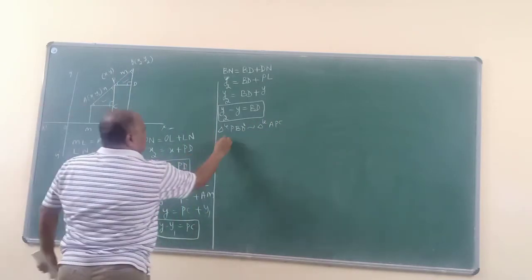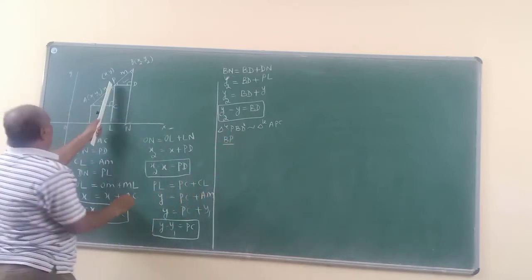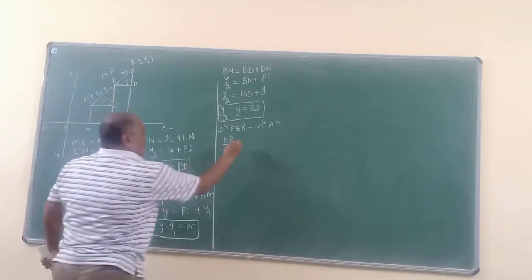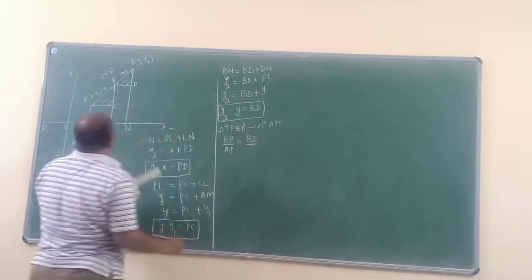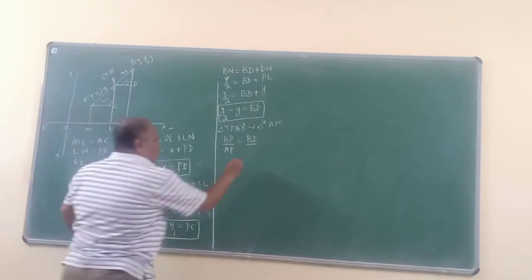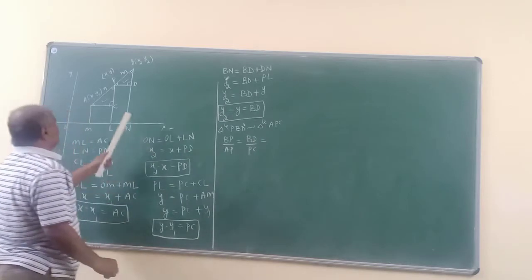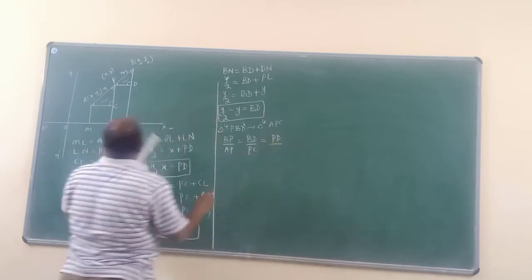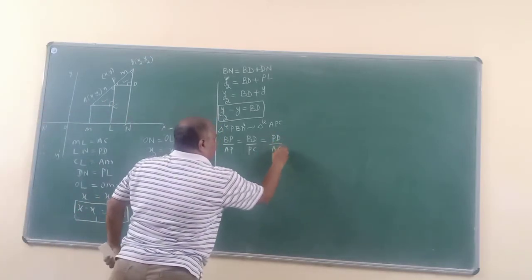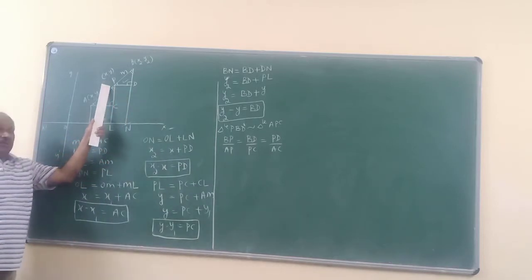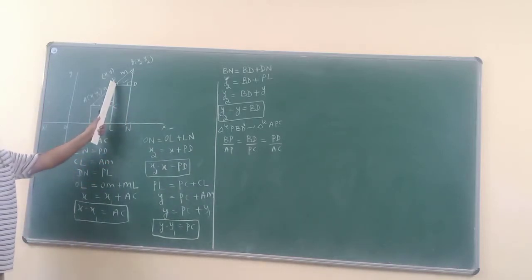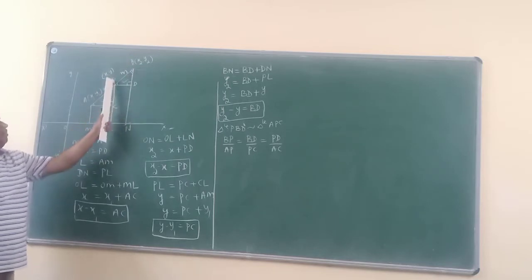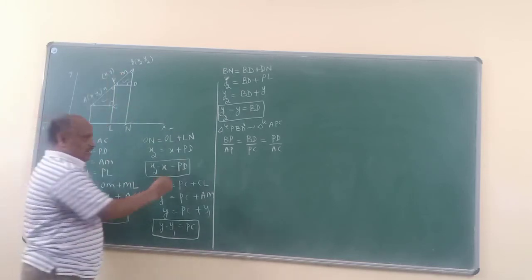Therefore, PB divided by AB is equal to, taking height, BD divided by BC, is equal to PD divided by AC. You know well, and already I told you, P divides AB internally in the ratio m:n. It means that PB by AB should be equal to m by n.